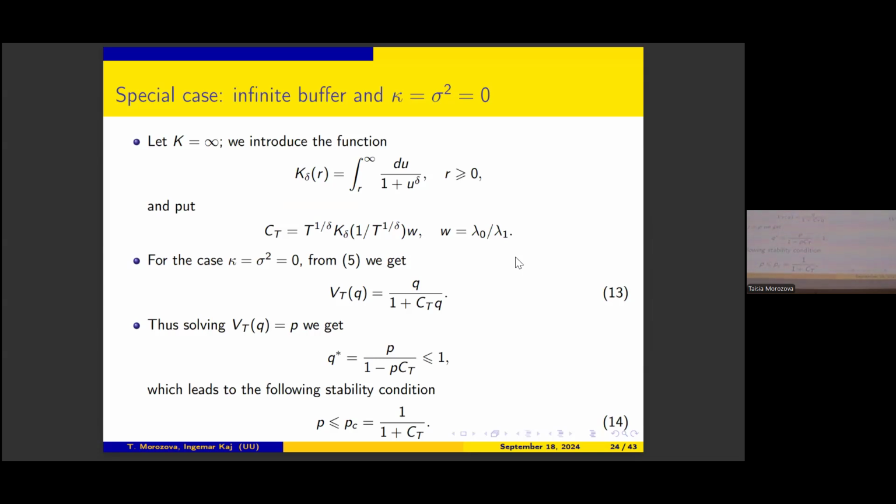If you look at the buffer dynamics, and if we want to have a steady state, we will end up with this kind of equation, because basically we will have buffer n minus buffer n minus 1 equals p minus the coverage probability, and in steady state we want this to be 0.